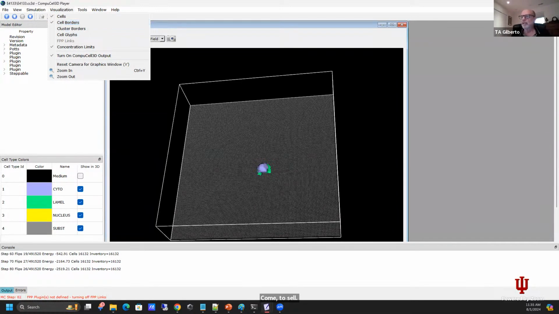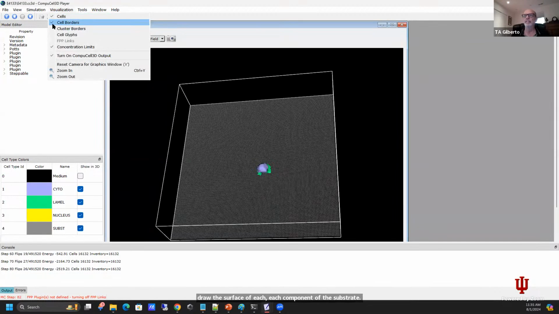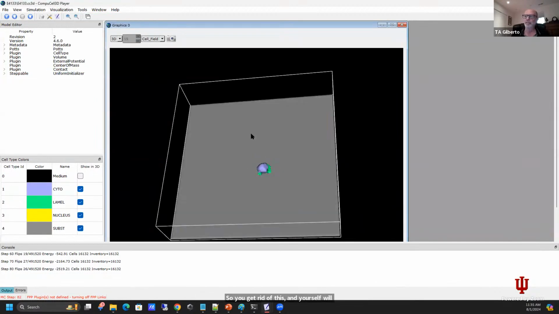So this is why you are seeing here in the substrate small squares, or small cubes if you want, because it's trying to draw the surface of each component of the substrate. So you get rid of this, and your simulation will be much faster.